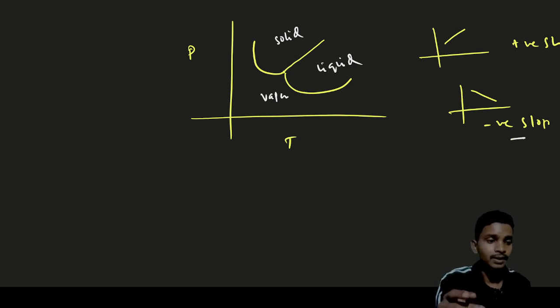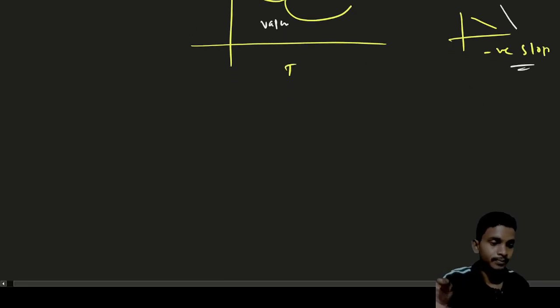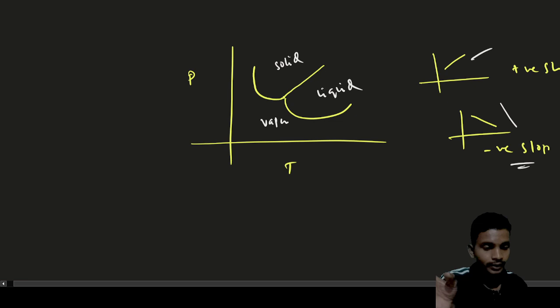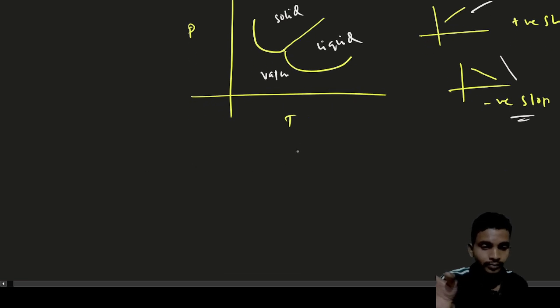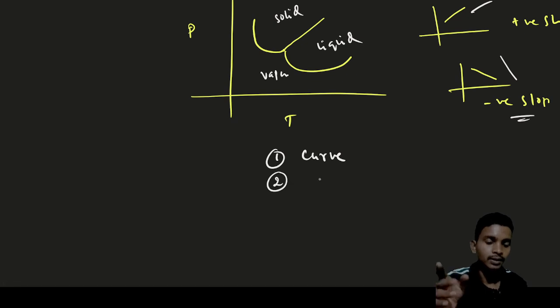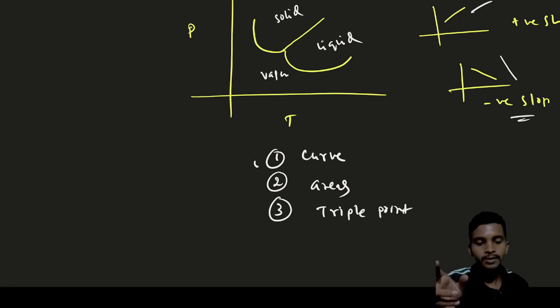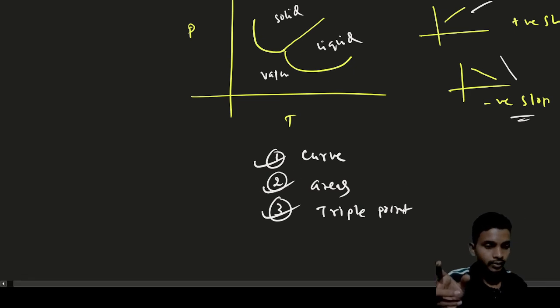Here the slope is negative for water, so we take like this; here we take like this. Other than that, everything is the same. So here also we will discuss three things: curves, areas, and triple points. The same things we will discuss here.